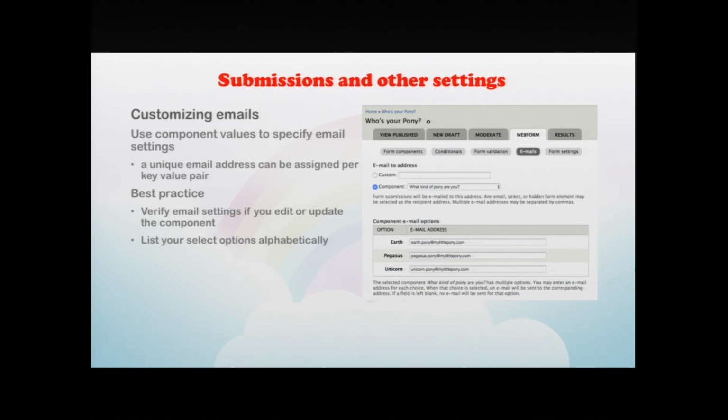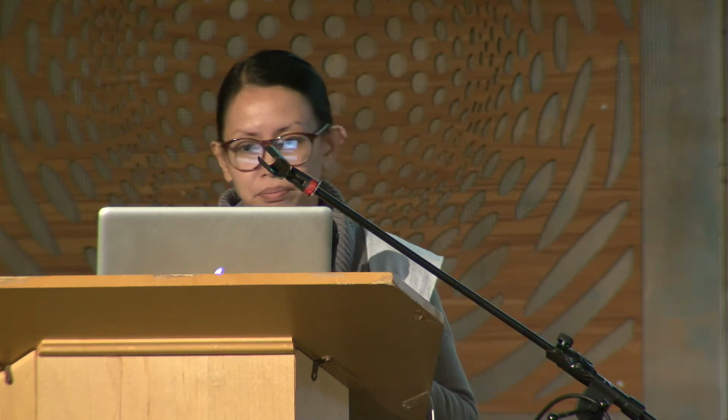Another thing is that if you have a lot of options, if you have key value pairs that are like da-da-da-da-da, it's always best to list them alphabetically. It's just better to manage them that way. And one way to do that is just keep an Excel spreadsheet of it, and then just copy and paste those key value pairs into your select options settings.